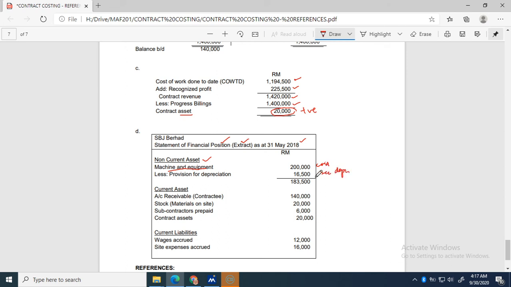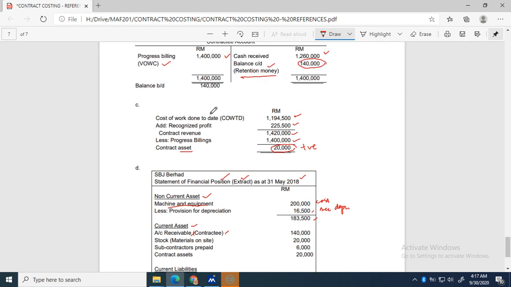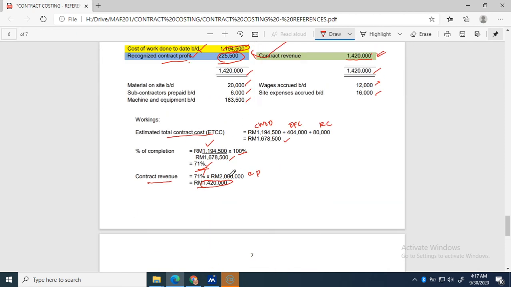So this is the first year of use, so that means accumulated depreciation is equal to depreciation of 60,500. You get net book value. And then we have current asset. What is in current asset? The first current asset will be account receivable or contractee. So the balance of contractee is 140,000.